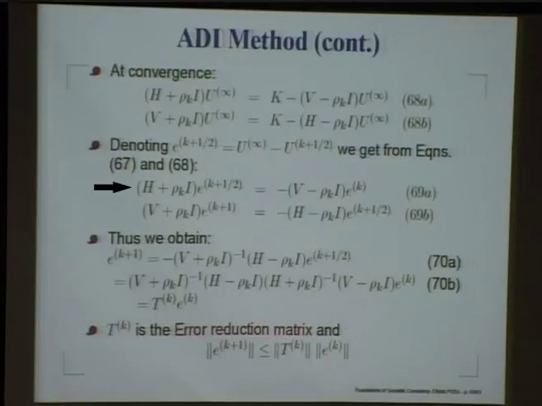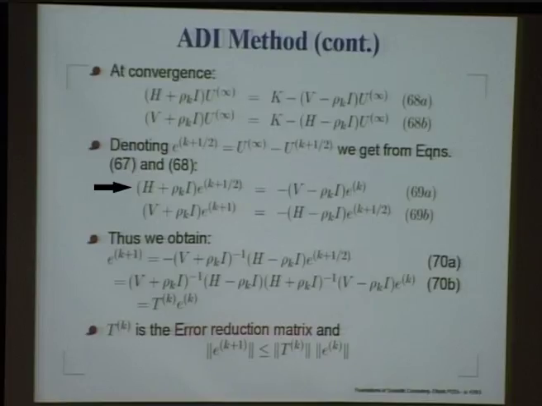So, as far as error is concerned, the k cancels out. So, the error evolution from kth step to k plus half step is entirely determined by the structure of H and V matrix and by the way we have added this acceleration parameter rho k, right.